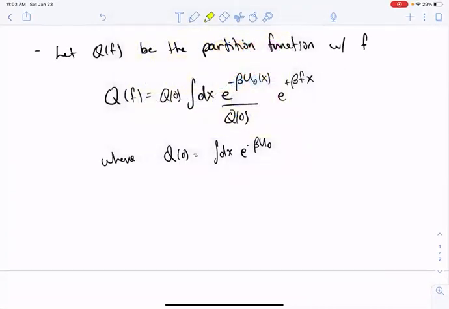As before, we can observe that everything in the highlighted part of the equation is the probability of observing the particle at position x in the reference system, in the system without the applied force.